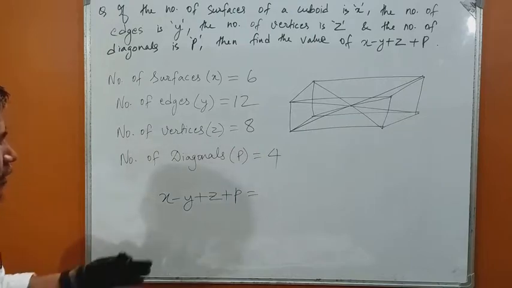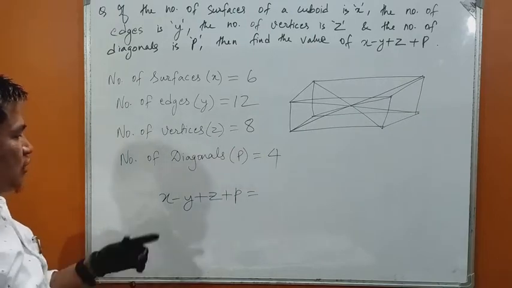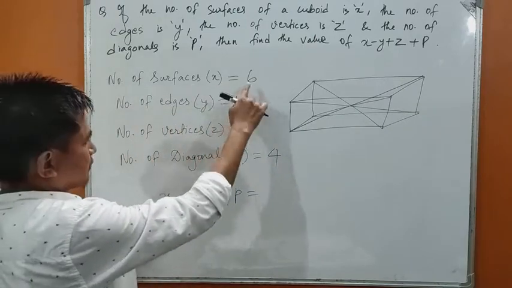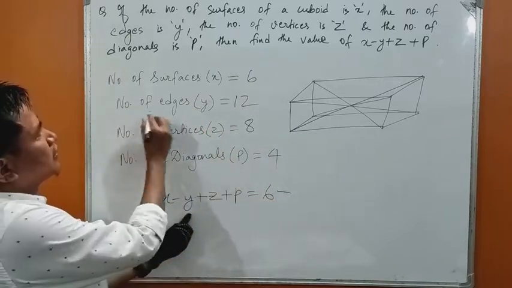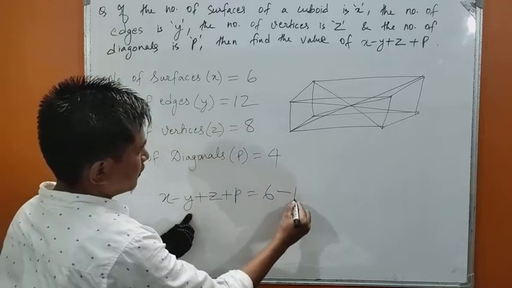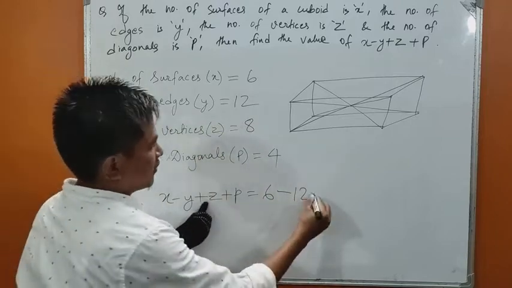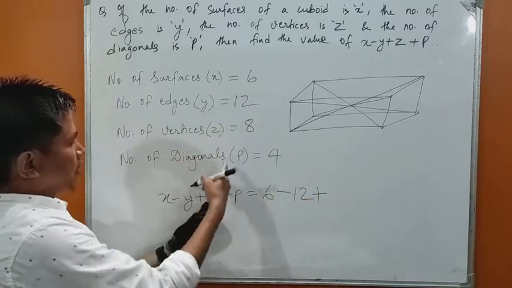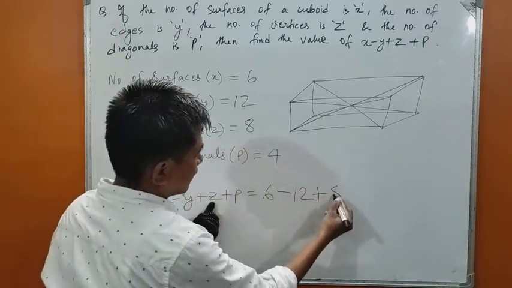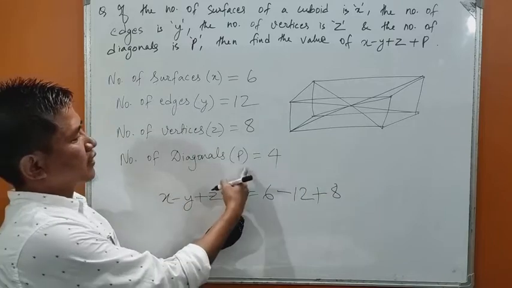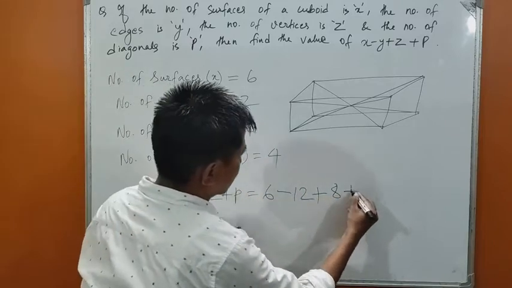Now we just have to add and subtract. So the number of surfaces x is 6, minus y, the number of edges, that is 12, plus z, the number of vertices, that is 8, and p is the number of diagonals, that is 4, plus 4.